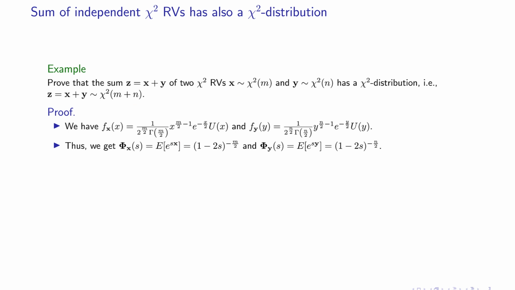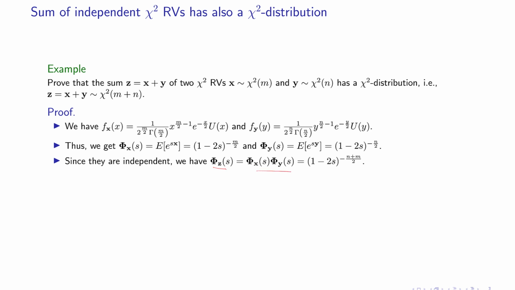From here, it is much easier to work with the moment generating function. The moment generating function of x is the mean of e to the power of sx. The moment generating function of y is the mean of e to the power of sy. And then from the lookup table, you can say this one. If they are independent, the joint distribution is the product of these two, and then the moment generating function of the sum is just a product.